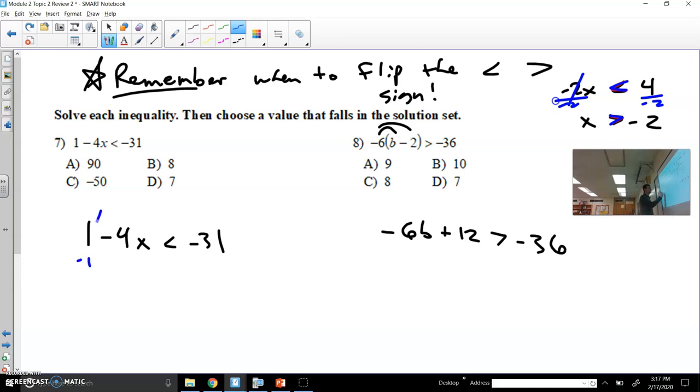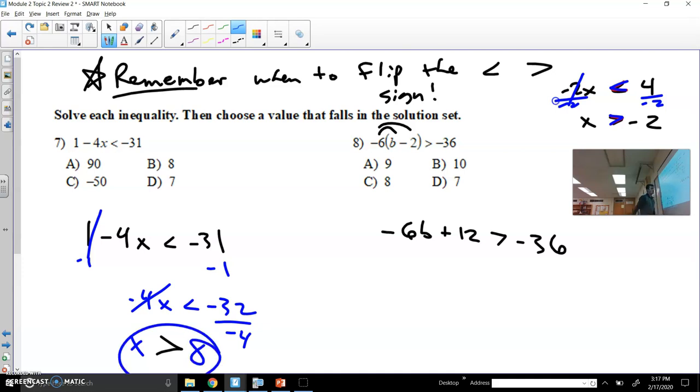For example, the first step here is I want to subtract 1 to the other side to get -32. And then I want to divide by -4 to learn that x better be, sign flip, greater than 8. So one thing that you should really watch out for is this says choose a value that falls in the solution. And so this is any value that's greater than 8.